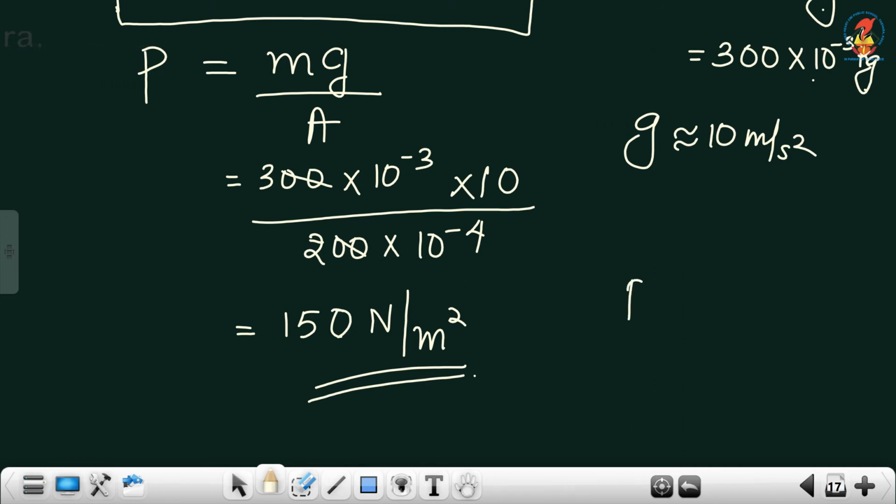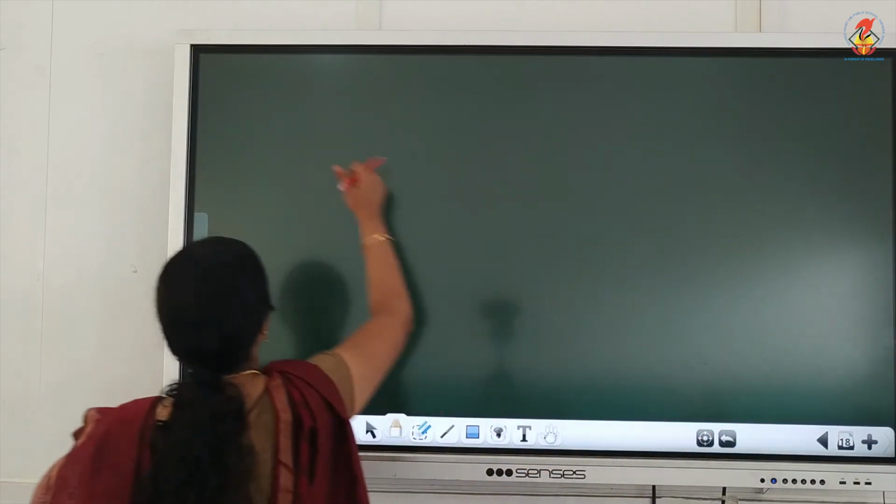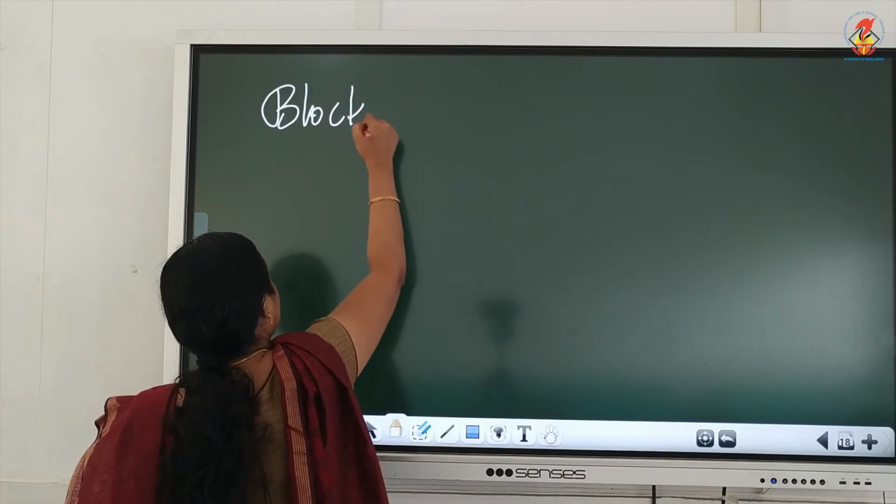So, the area of contact was 200 into 10 raised to minus 4 meter square and the pressure we got as 150 Newton per meter square, and the thrust obtained, thrust is equal to the force, that is mg. Force is 300 into 10 raised to minus 3 into 10. This is the force or the thrust obtained. Now consider block B.